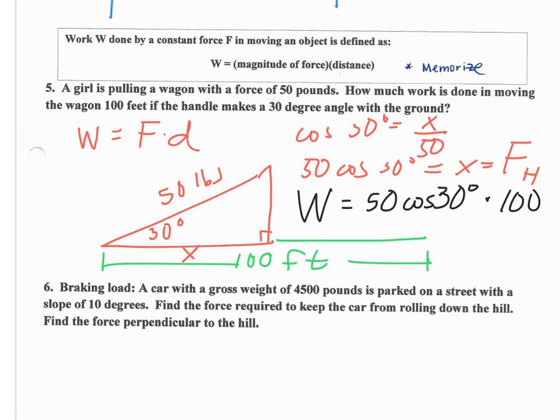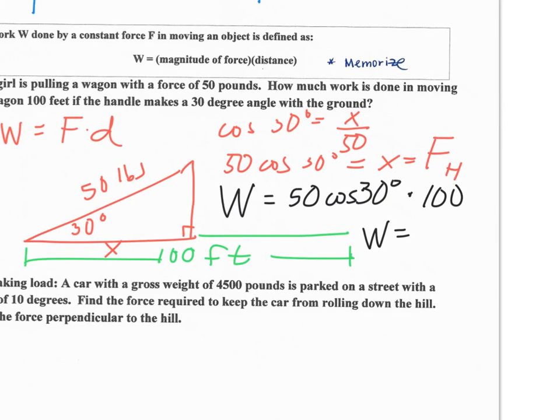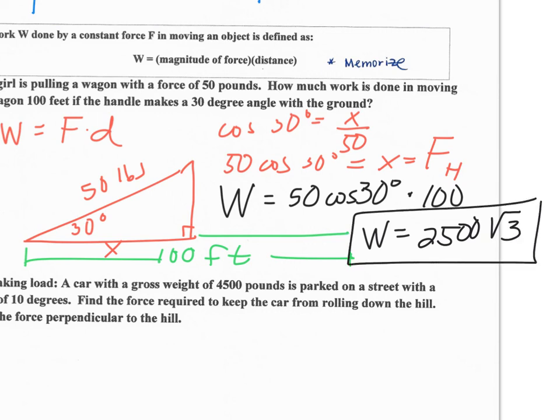Okay, crank that through my calculator. I actually left it as a root 3 since it's 30, 60, 90, but the decimal form would be fine too. So if I leave it as it is, it'll be 2500 root 3. Okay, all right, leave all the rest of the word problems blank for me.